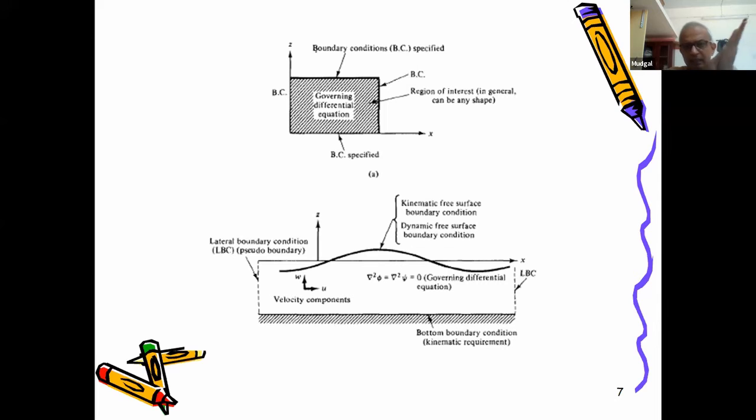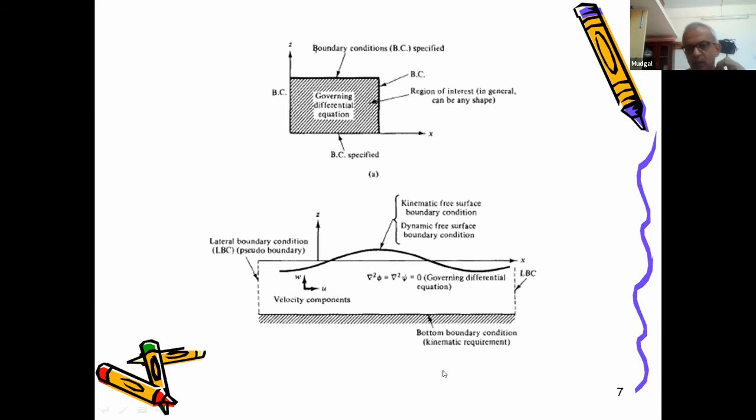So it is a partial differential equation of second order, and it has to satisfy certain boundary conditions. And what are the boundary conditions? You have the bottom boundary condition. Then you have the lateral boundary conditions on either side of the wave. Then on the surface, you have the kinematic free surface boundary condition and the dynamic free surface boundary condition.